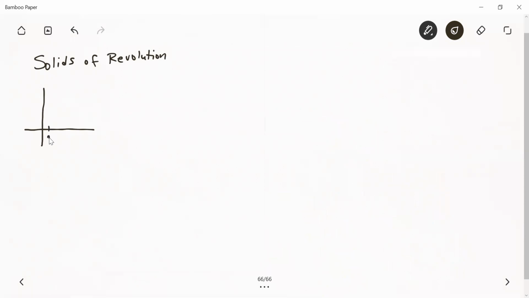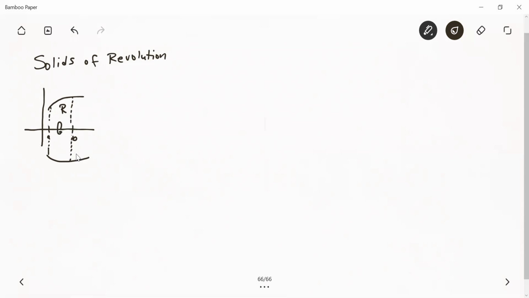Well, what happens if we go from some a up to some b, and we have some function here that we're going to revolve around our axes, okay? So we're going to take this and we're going to revolve it around our axis, okay? So we're going to take that function, we're going to revolve it around the axis, okay?